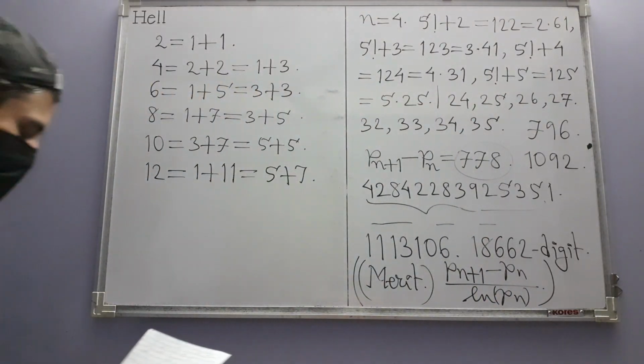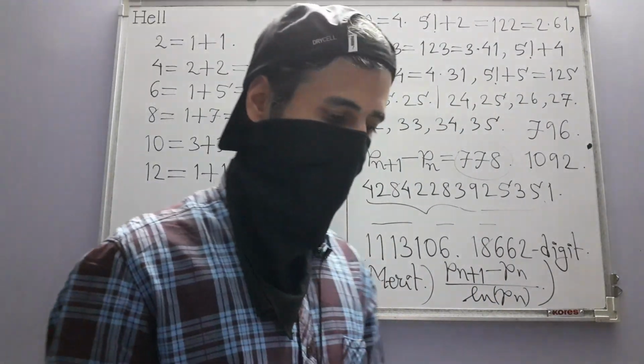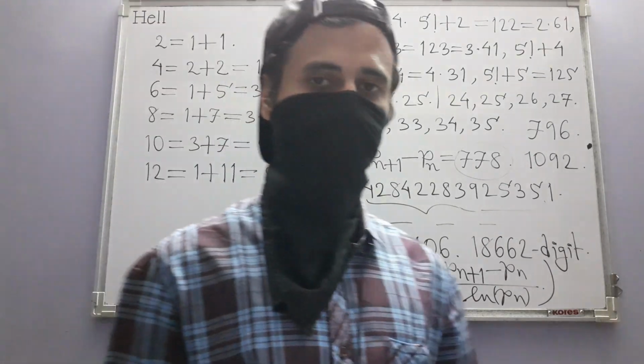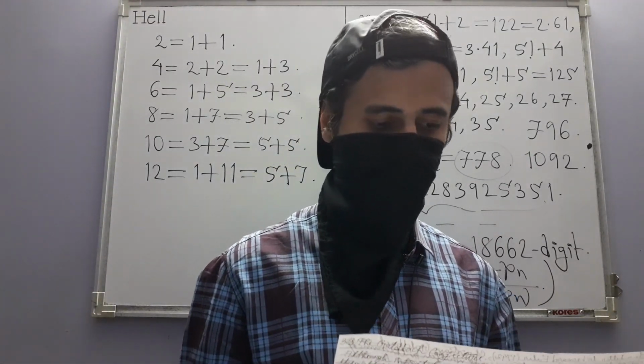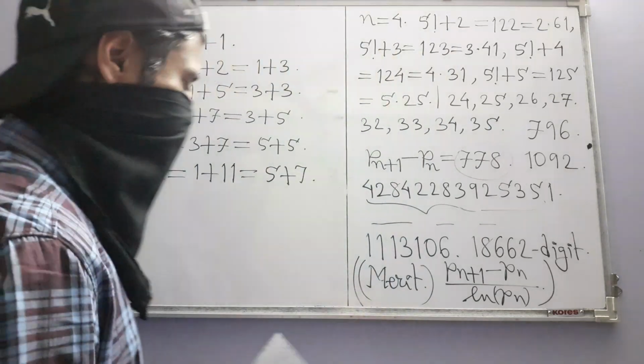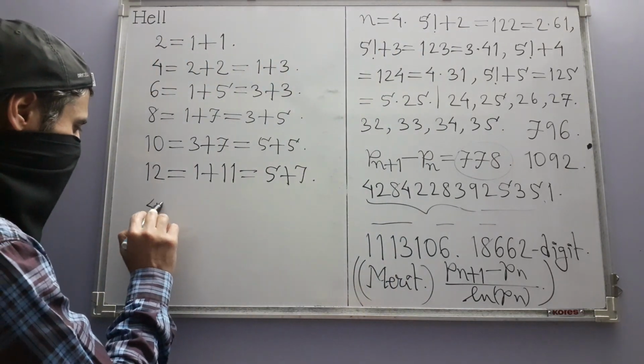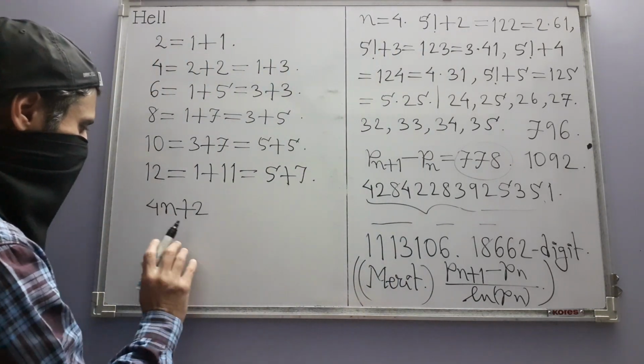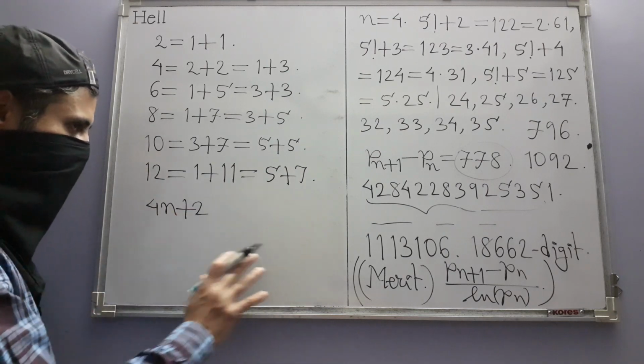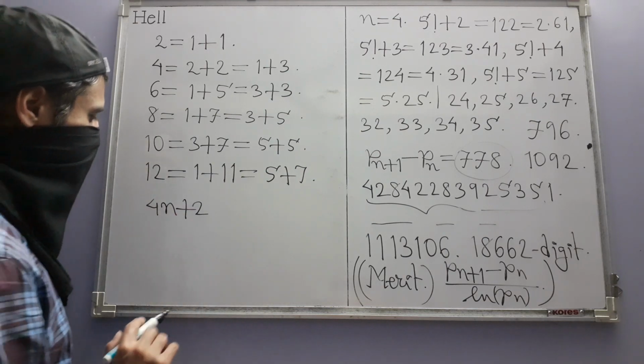What Euler guessed is that every even integer greater than or equal to 6 of the form... Euler's conjecture is a little more complicated than Goldbach's.